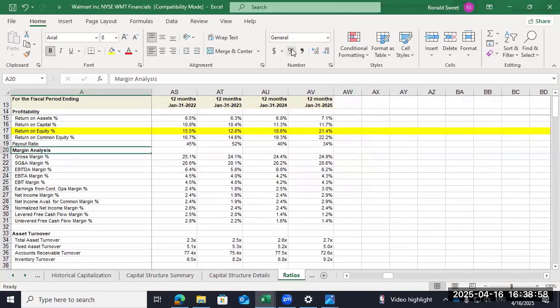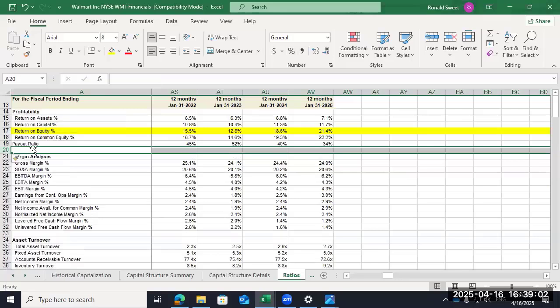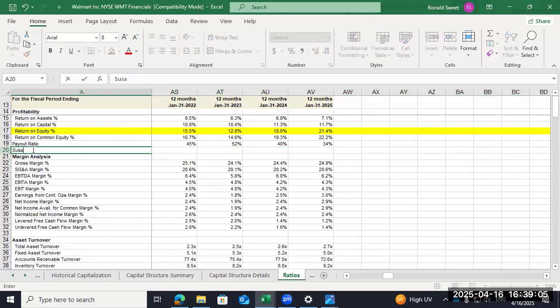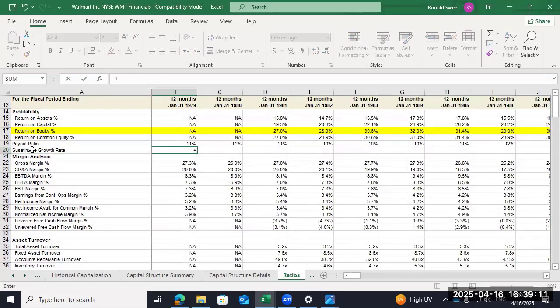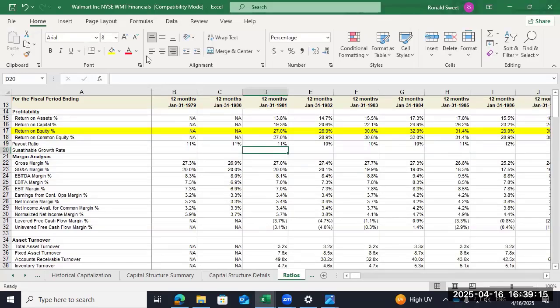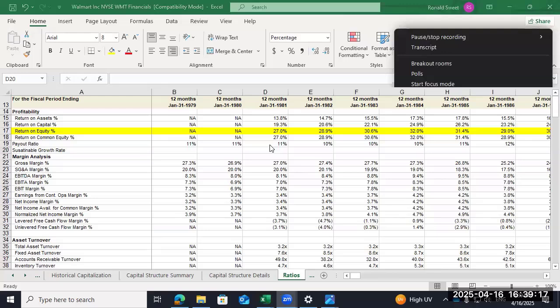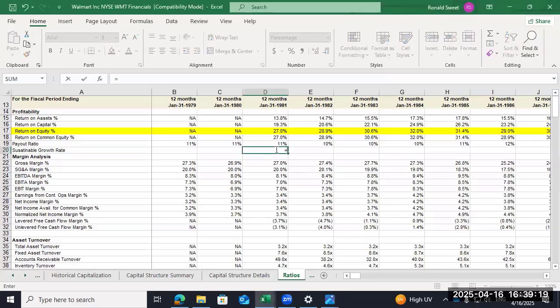So your sustainable growth rate is just going to be your return on equity. We'll start where I have numbers. It's going to be your return on equity times 1 minus your payout.